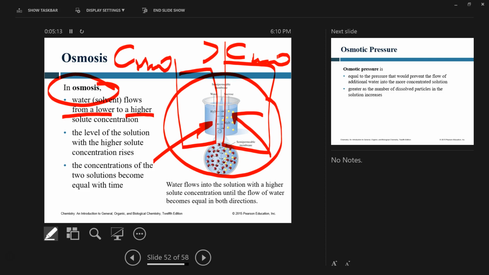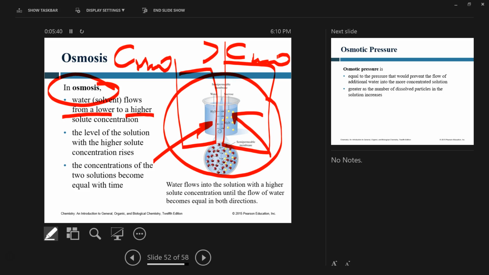We do not express the concentration of solutes as water concentration. So we say water goes from low concentration of solutes, there's more water, to high concentration of solutes, there's less water. Make sense?